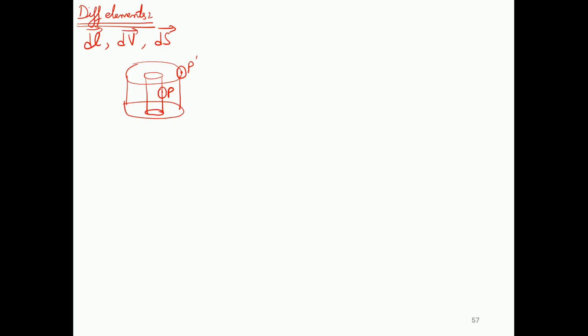The distance I can cover is basically a straight line, and we call this the differential length if we are talking about linear distances. So P will have the location rho, phi and z, and P dash will have the location rho plus d rho, phi plus rho d phi, and z plus dz.